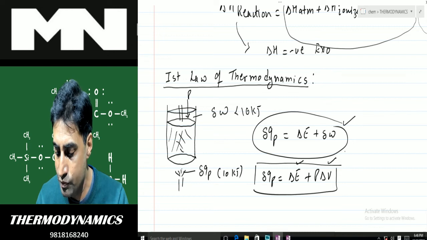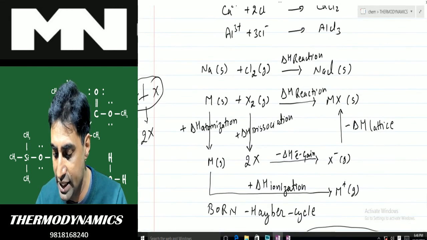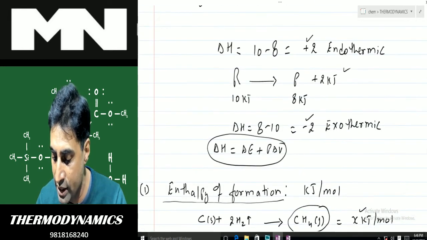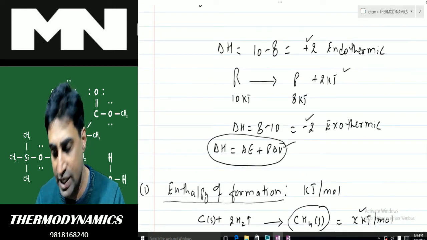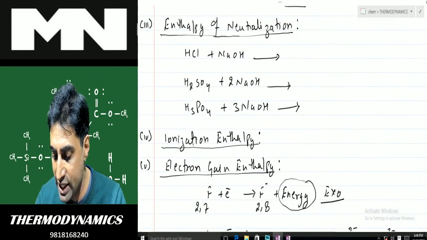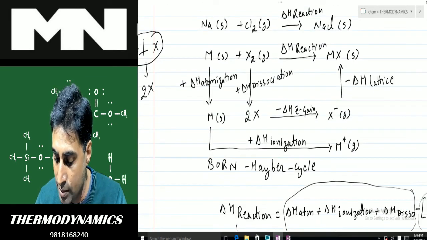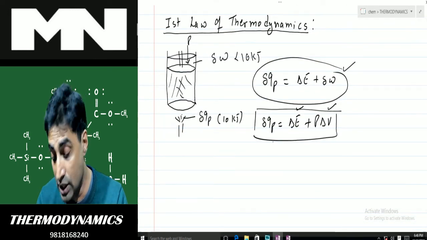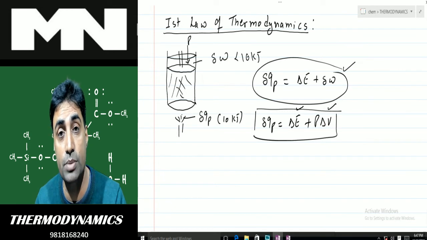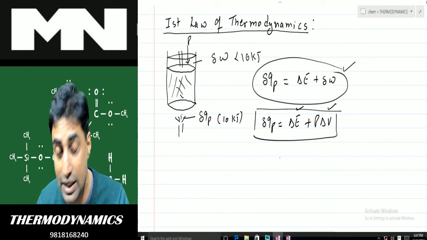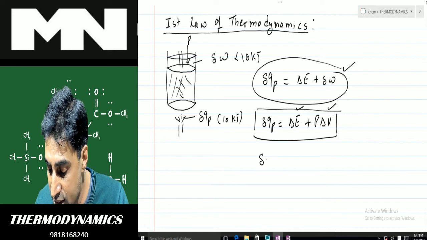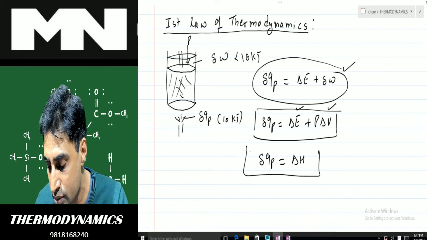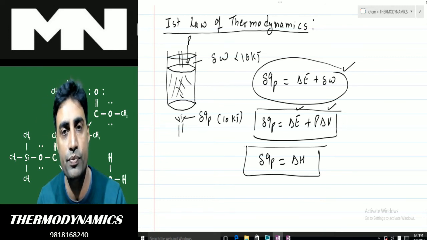My dear students, we have already done enthalpy, and what I told you about enthalpy is that enthalpy is delta E plus P delta V. So both the formulas are the same. That means the amount of heat energy supplied to a system at constant pressure always results in an increase in enthalpy. That is, del QP is always equal to delta H. This is the expression we have got from here.